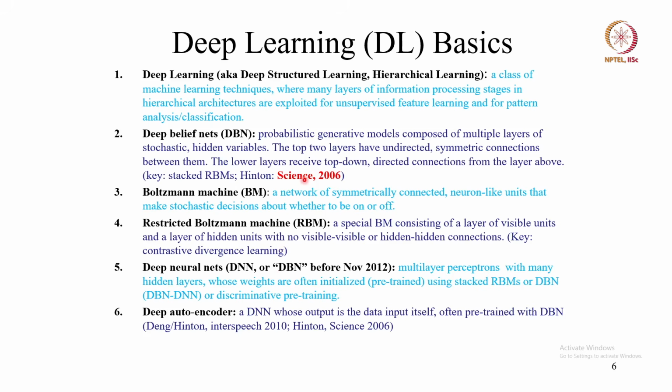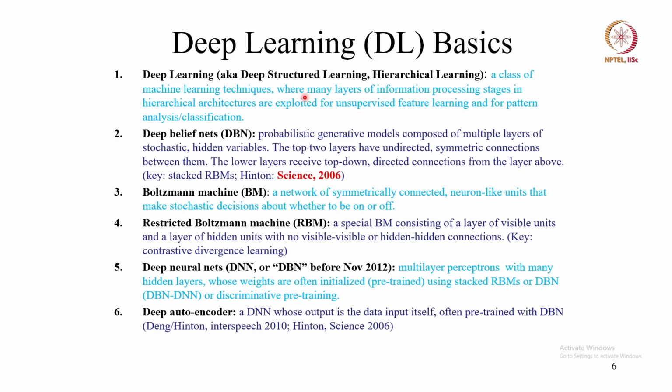Deep learning is a class of machine learning techniques where you have many layers of information. We saw in the neural network, it is something like a neural network because it has layers connected by links. You have nodes which are connected by links, and you have them in the form of layers.